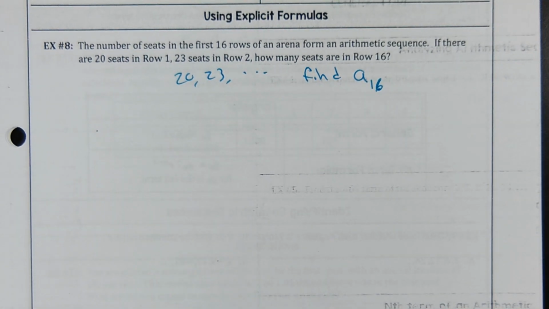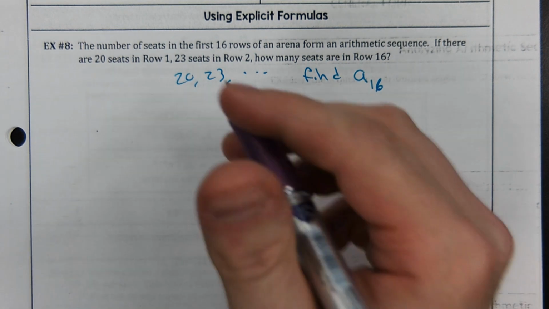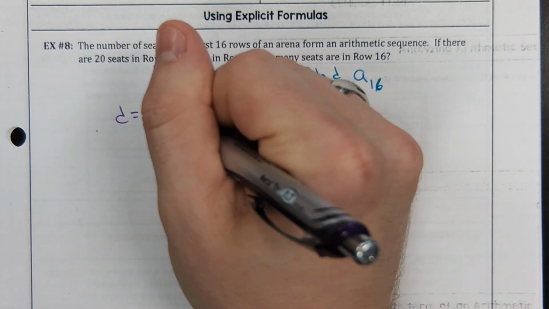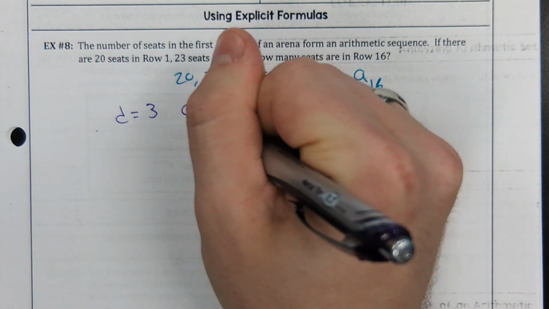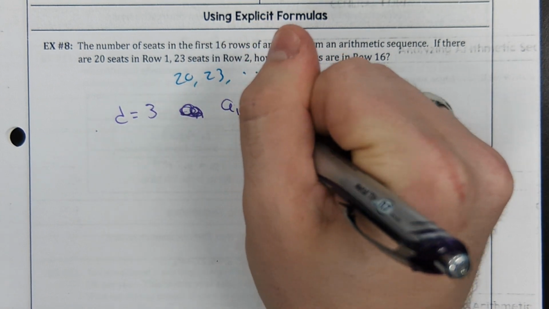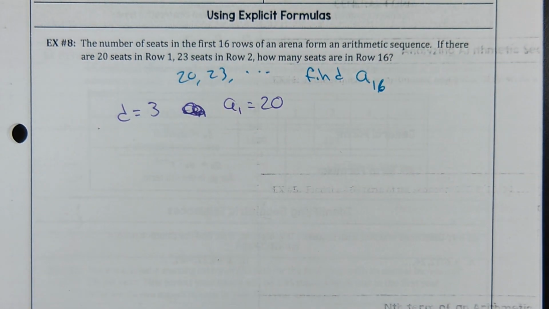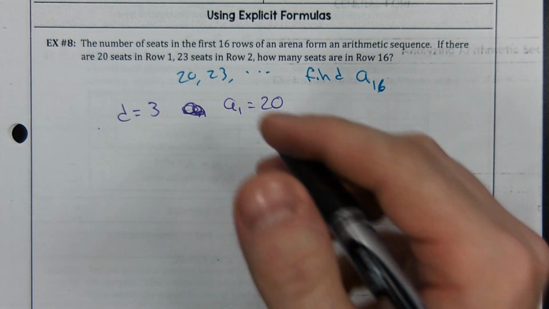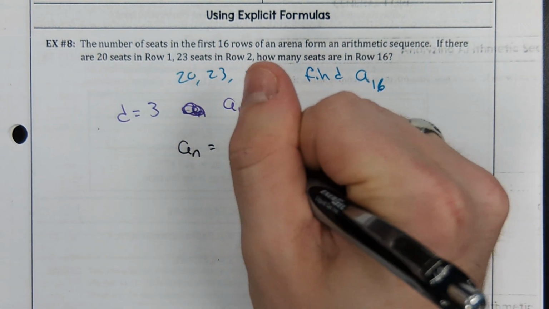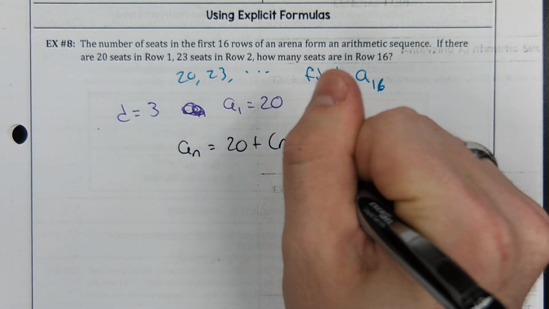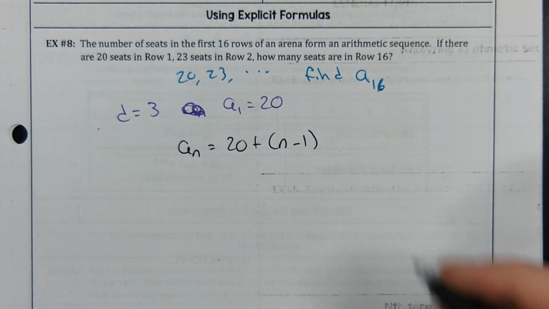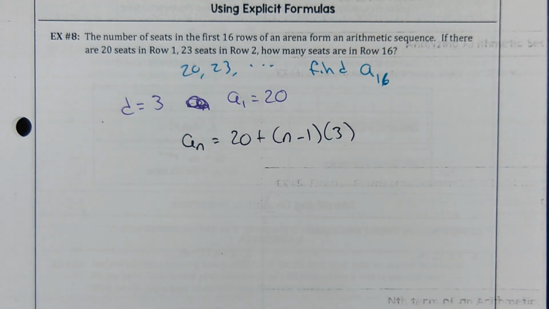The only reason why two terms is enough is because we were told that it's arithmetic. So we know that d is 3, and we know that a sub 1 is 20. So then we can write the generic term. a sub n is 20 plus n minus 1 times 3. And it says to find the number of seats in row 16.